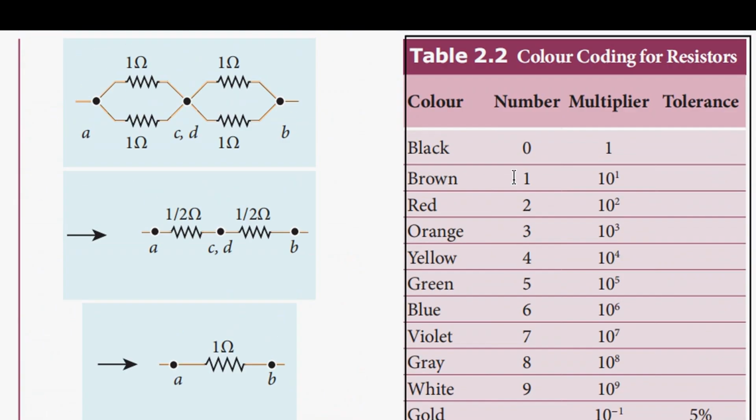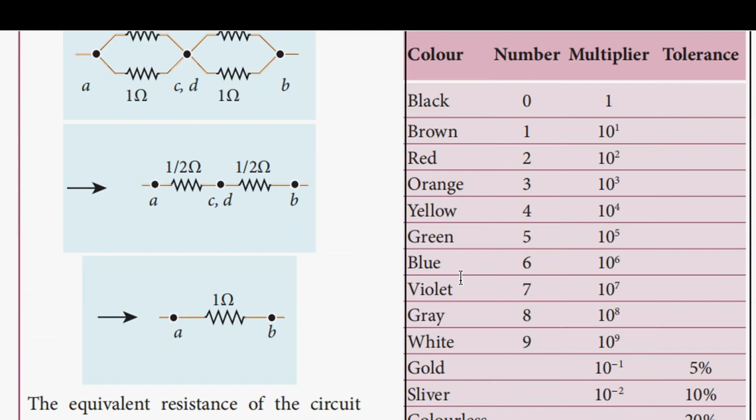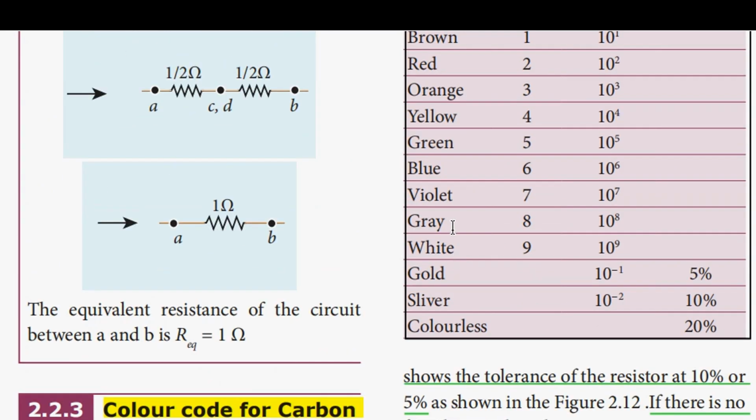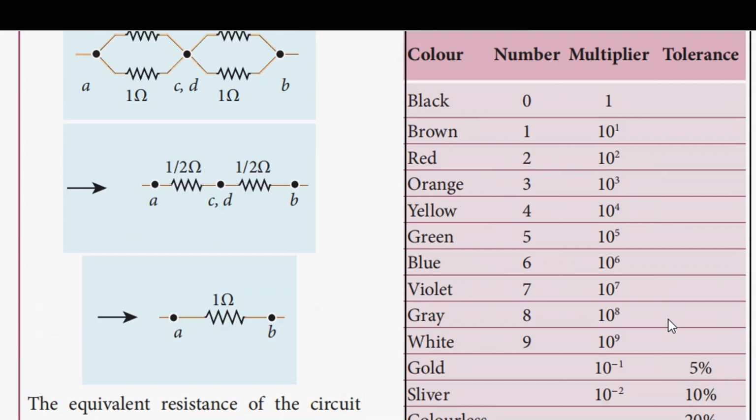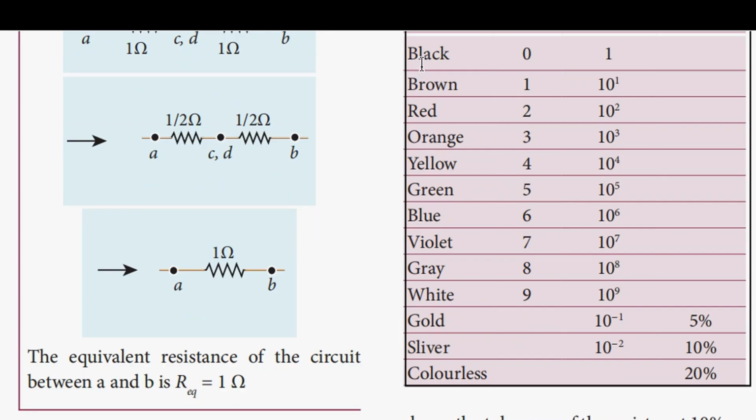And here these are the color codes for the resistors: black, brown, red, orange, yellow, green, blue, violet, gray, white, gold, silver, and colorless for tolerance. So you can remember the order of the numbers by using a phrase, where each first letter denotes the first letter of the color codes.